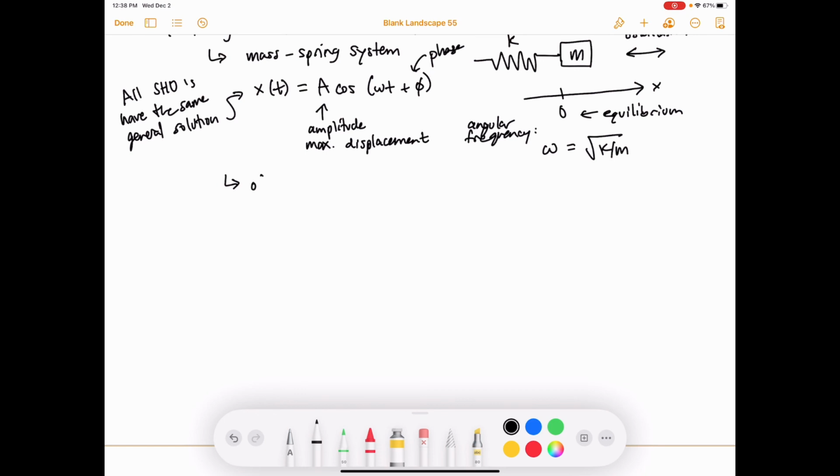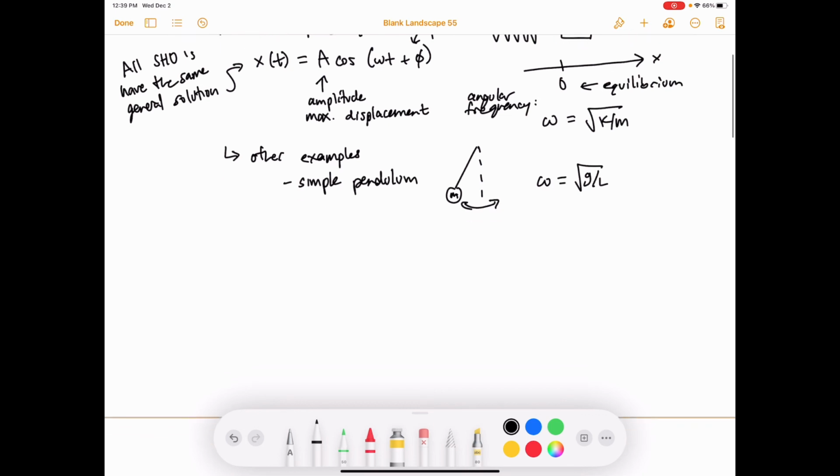So to give you some other examples, we had the simple pendulum, which is just a mass connected to a string that swings back and forth like this. Omega for a simple pendulum is given by the square root of g over L, but again, it has the same general solution, just a different formula for omega.